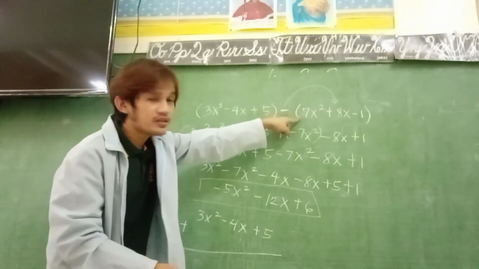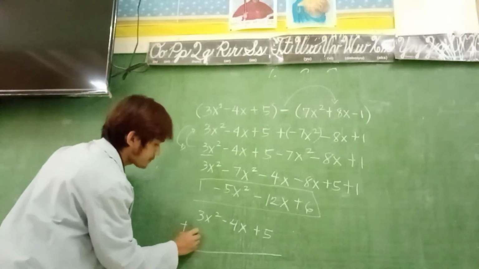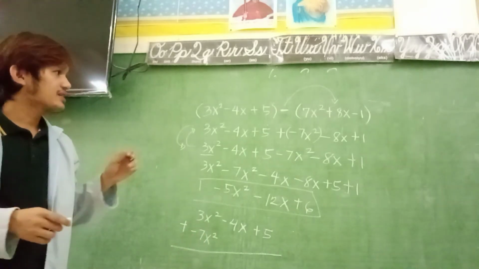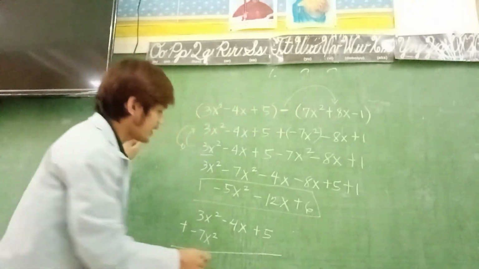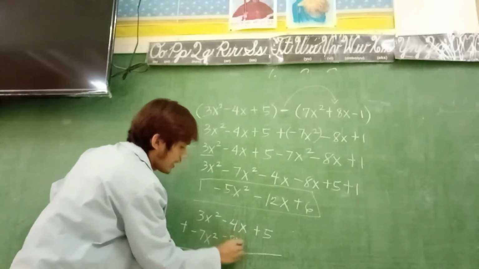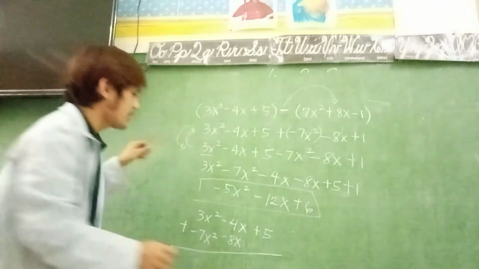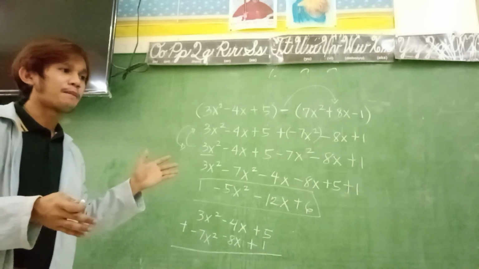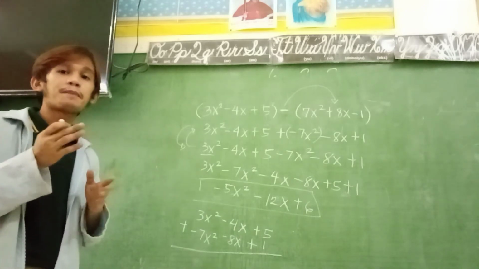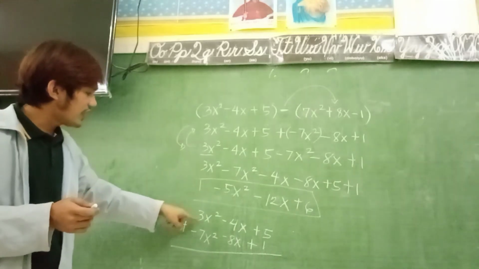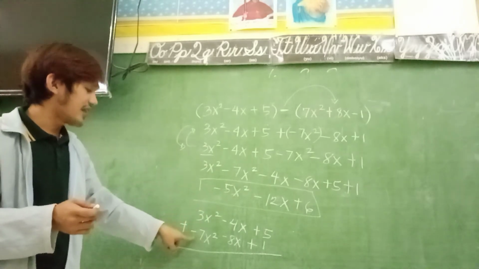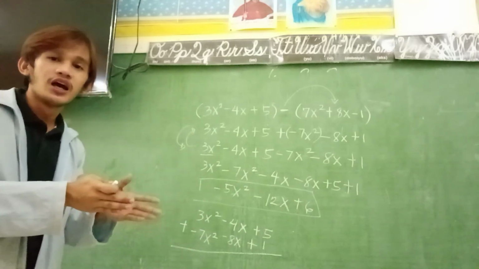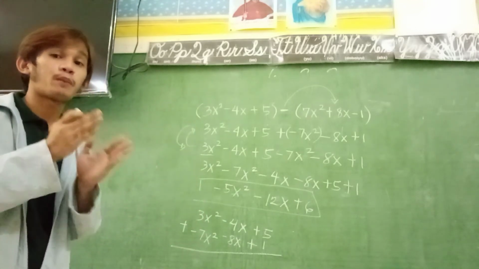So, since this is positive, magiging negative 7x squared. Next, we have positive 8x magiging negative 8x. And si negative 1 magiging positive 1. So, dito po ay dapat magkakatapat lahat ng magkakaparehas na terms. Kung saan siya nakatapat, dun nyo siya ipepwesto.